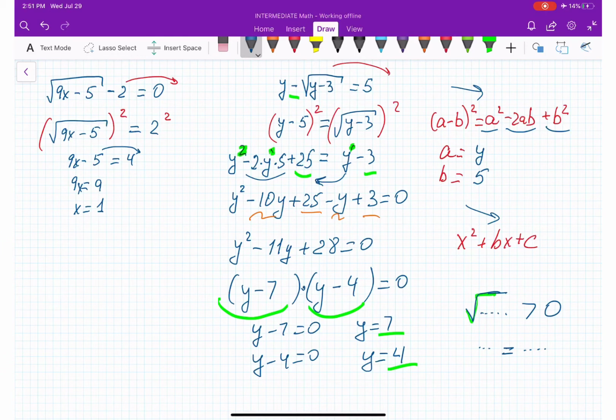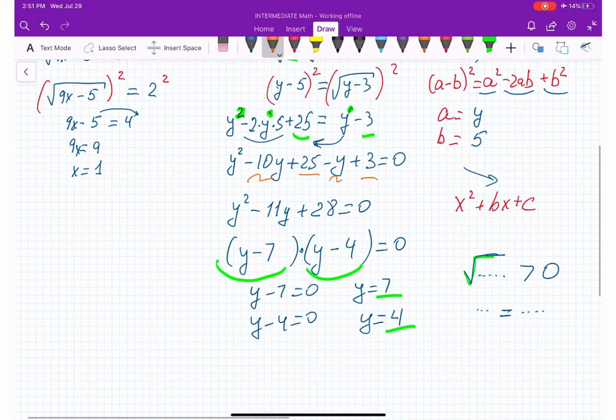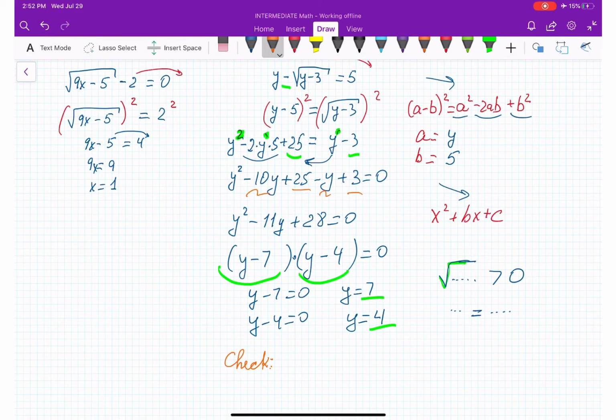So let's start with the 7. I'm checking here, so write down check. And you must check it. You can't skip it because very often one satisfies, one doesn't satisfy. Okay? So we have y minus square root y minus 3 is equal 5.